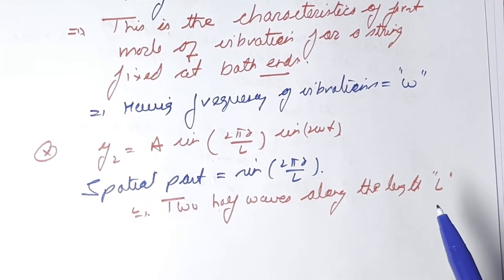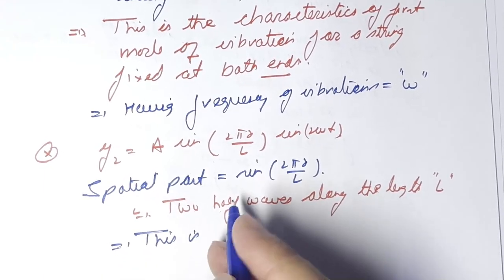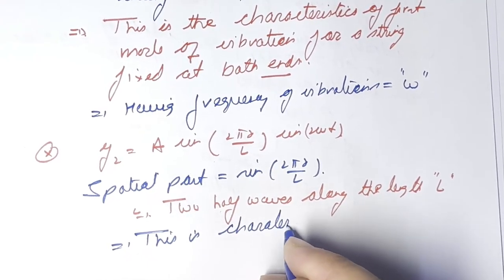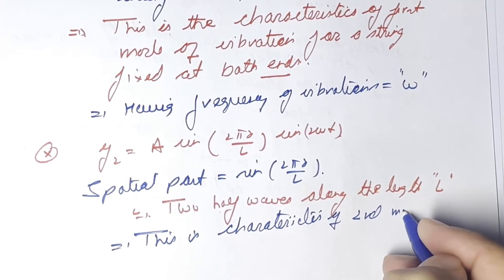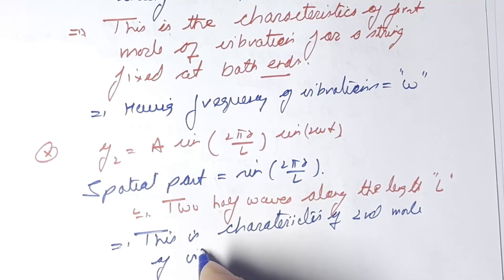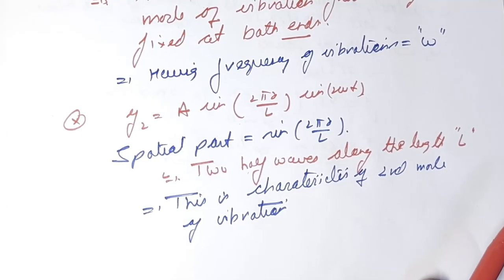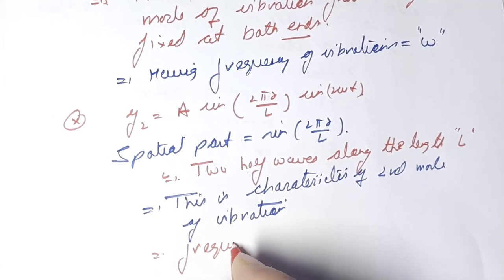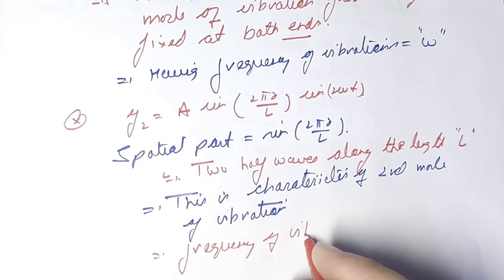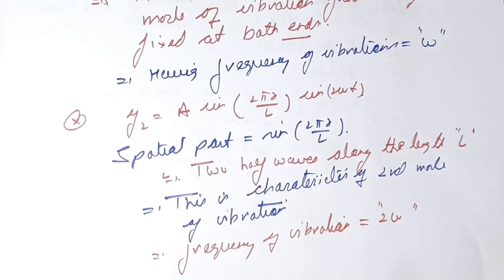So this is the characteristic of the second mode of vibration, and the frequency of vibration is 2 omega.